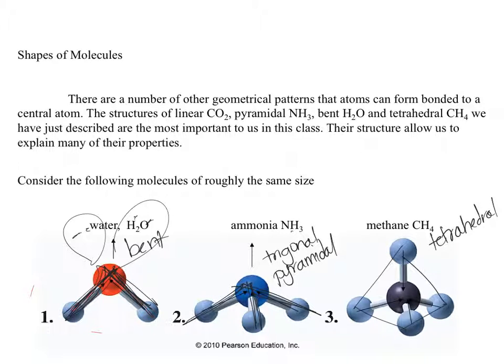And again, for water, as I've scribbled all over here, that's bent. For ammonia, tetrahedral with respect to the fact that there's a central atom going to four things, but when you look at the molecular shape, just in regards to the atoms, it's trigonal pyramidal. And then methane, since the central atom goes to four things and they're all atoms, it's tetrahedral for both electron and molecular.